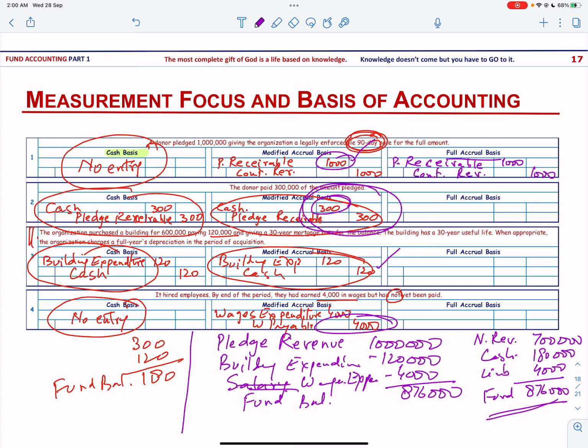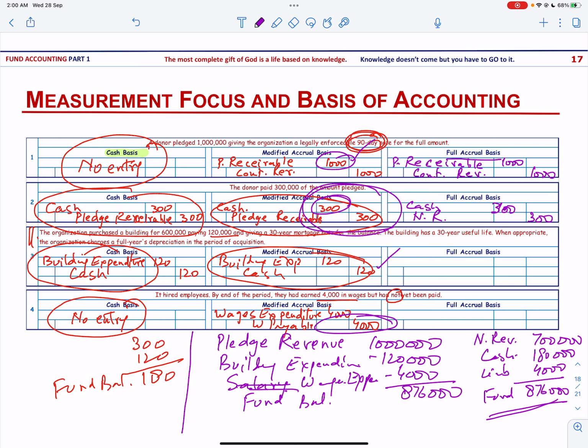Then we have received cash, so cash is debited by 300, and pledge receivable is credited by 300.